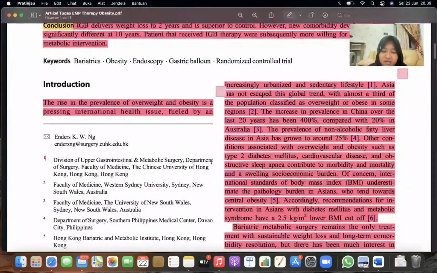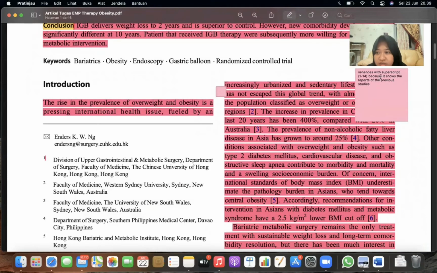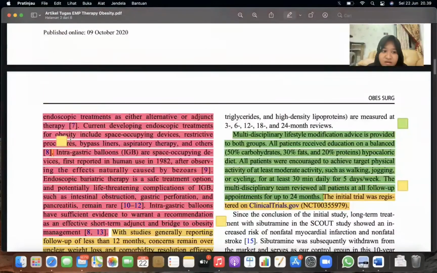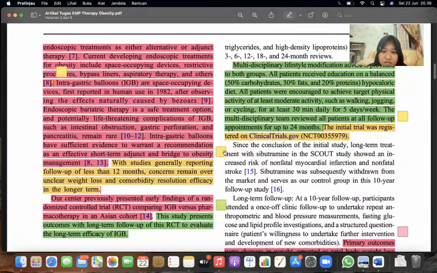Okay, here we highlight in color pink sentences with superscript number 1 until number 14 because they show the report of previous studies. What is unknown is the weight loss and comorbidity resolution efficiency in the longer term.